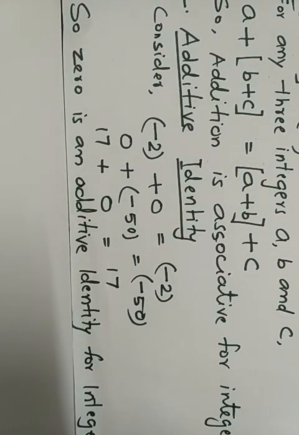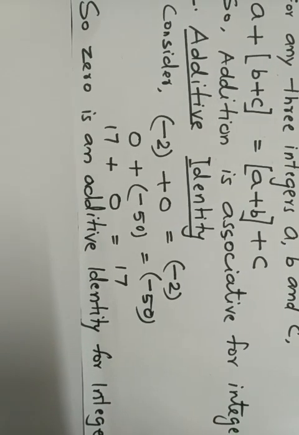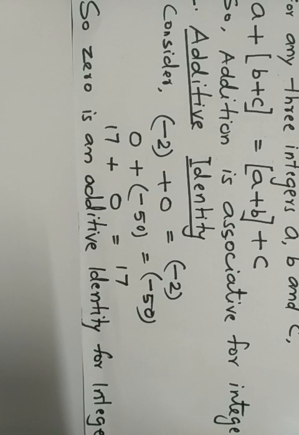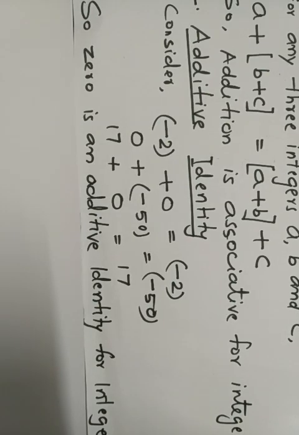And in the case of subtraction, a minus b is not equal to b minus a. We cannot subtract in any order. So subtraction is not commutative for integers.